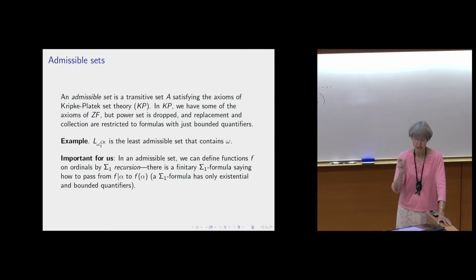So the power set is dropped, and replacement and collection are restricted to formulas with just bounded quantifiers. An example of an admissible set that's maybe helpful to think about: if we take the constructible sets up to omega 1 CK, up to the first non-computable ordinal, that's an admissible set. That's, to my mind, the first one.